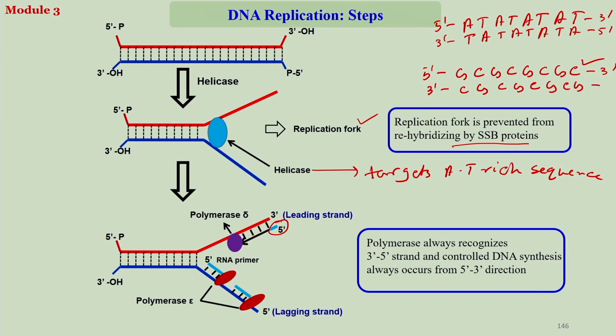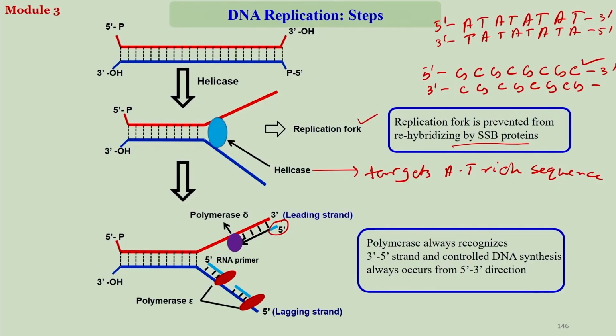Now when you look at all the enzymes, so many enzymes are involved in the whole replication process. All of these proteins actually do a single thing. If you look at the chemistry of it, what is the chemistry behind this whole replication process?